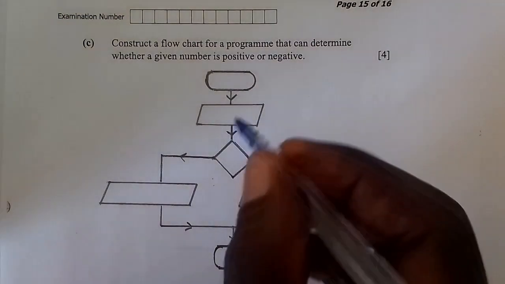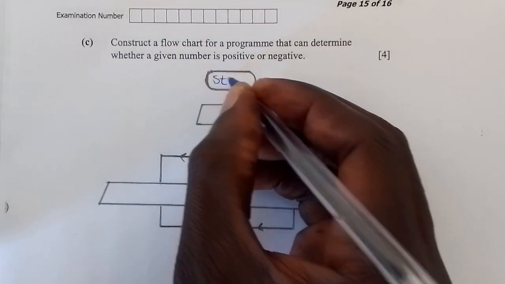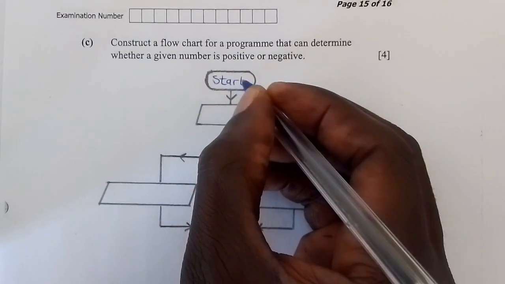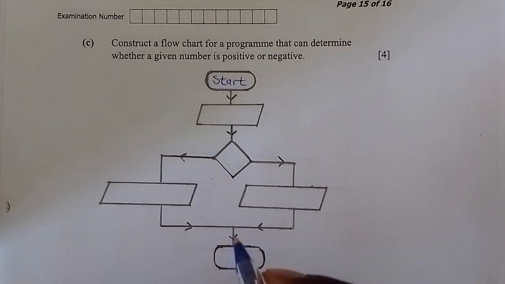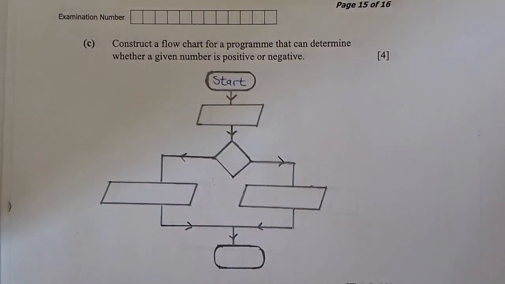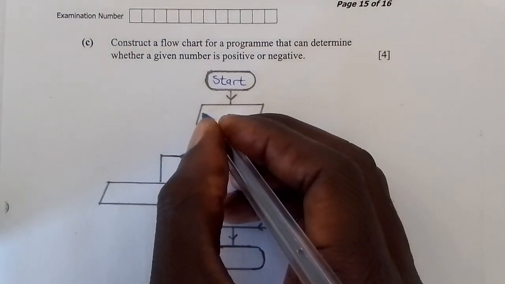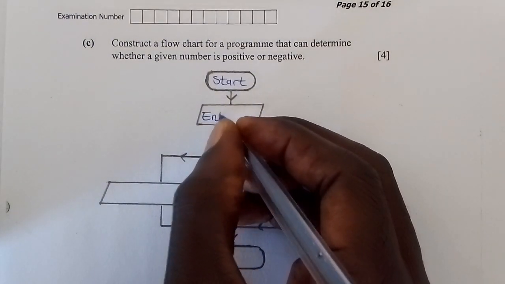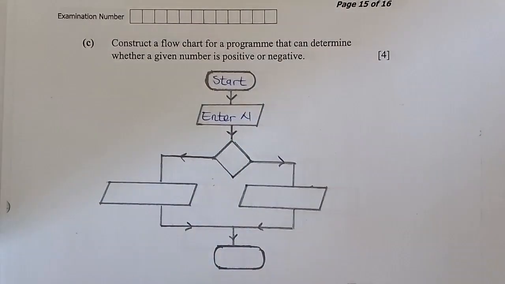So for the first stage, we're going to write start, and then in the second stage, we said we're going to enter n. So we'll use the word enter, and then we'll use capital N to represent the given number.